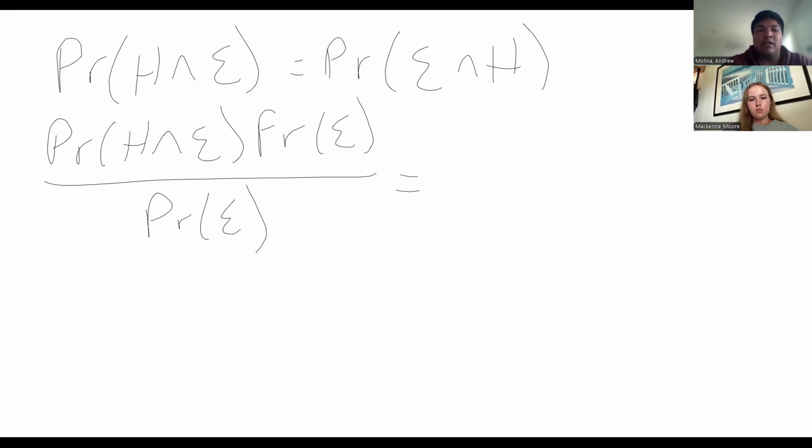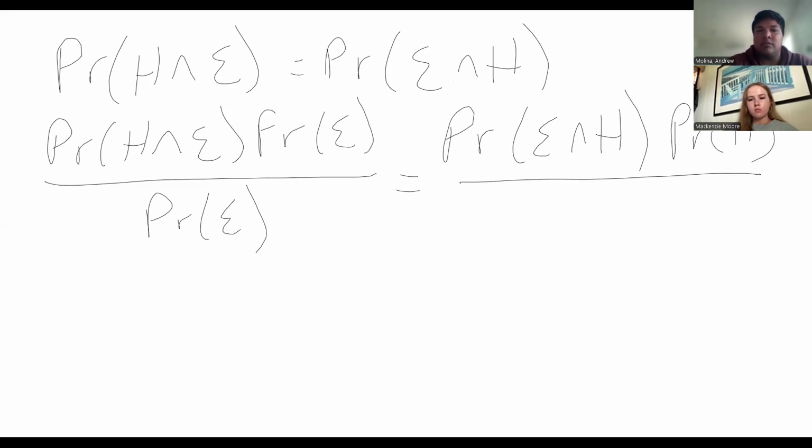And expanding the equation on the right is probability of E and H times the probability of H over the probability of H.